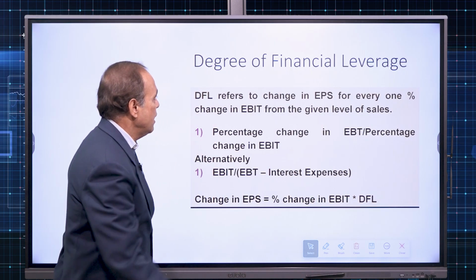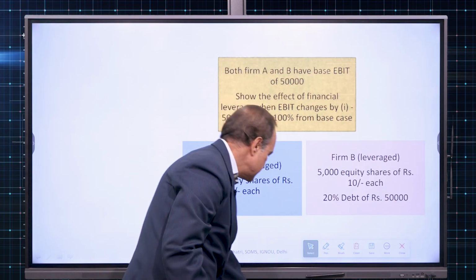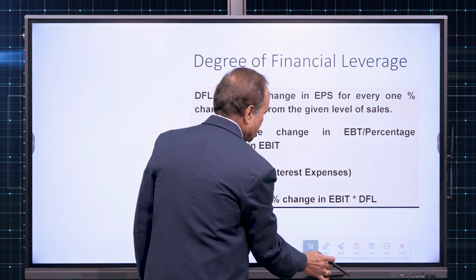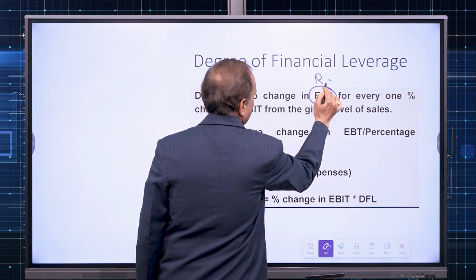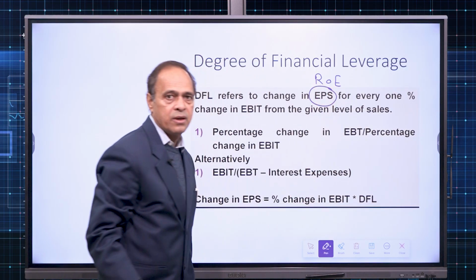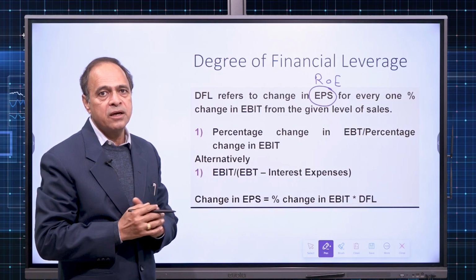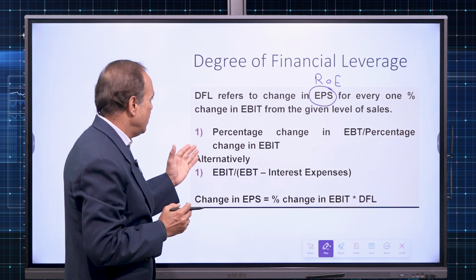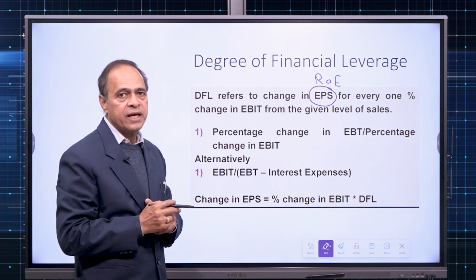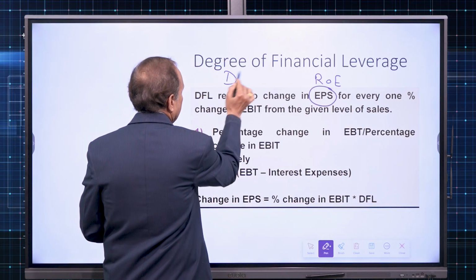And instead of EPS, you can also use ROE, there's no doubt, because ultimately ROE and EPS both indicate the earning for equity shareholders. Now, the degree of financial leverage, in short DFL, can be calculated.